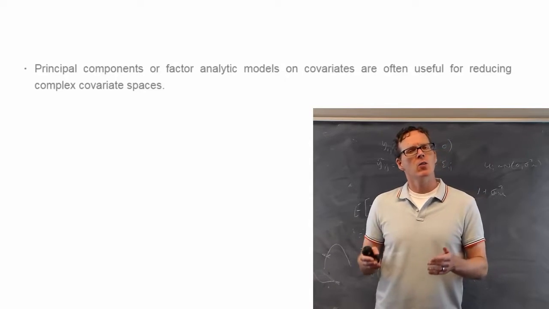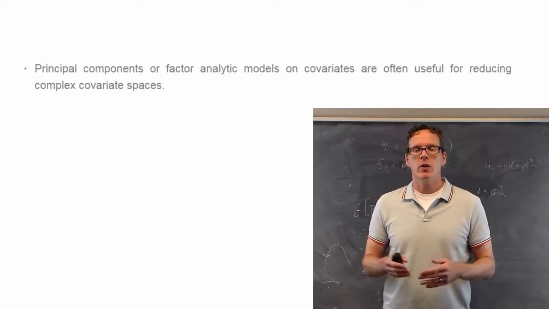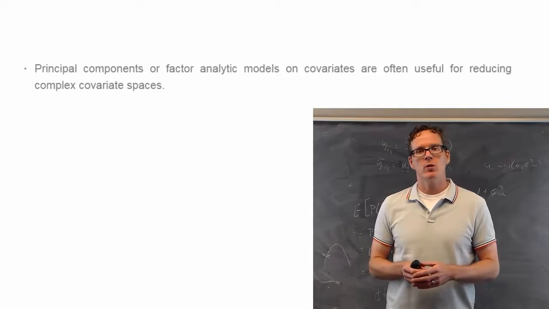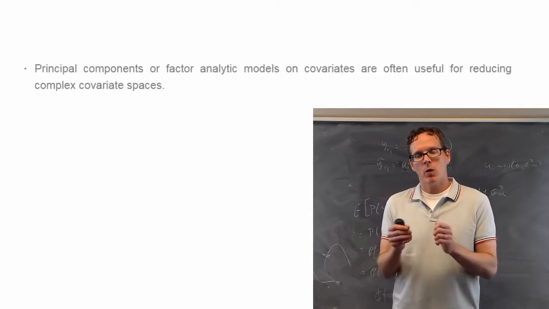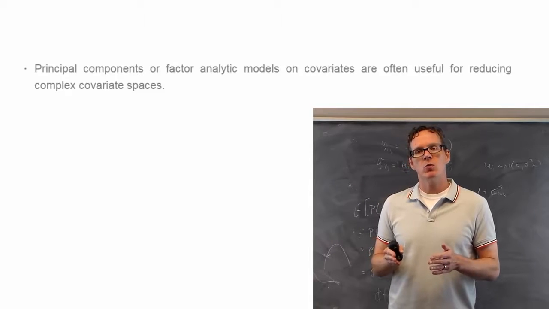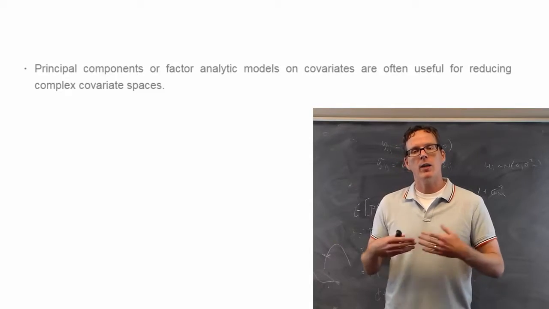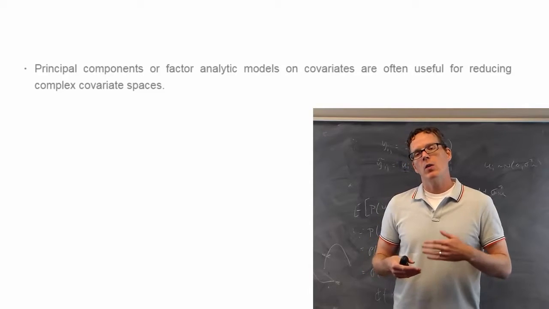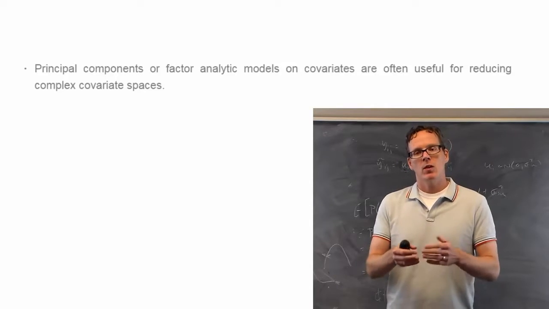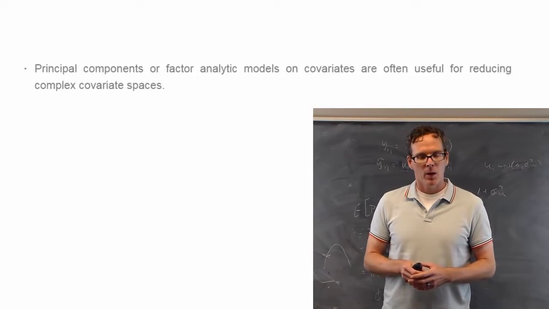Again, this is probably better served in a multivariate class, or a class on machine learning. But for us, we're going to mostly consider the case where we have a relatively small number of regressors and we're going to pick through them with a highly interactive process between the analyst, the data, and the scientific context.